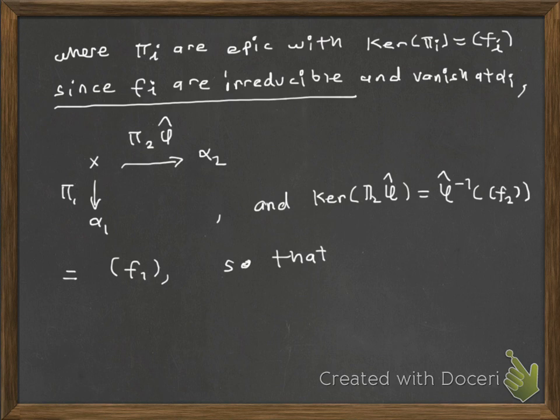Now the role of the irreducibility of fi appears here, where the kernel of the evaluation maps is generated by any irreducible polynomial having alpha i as its root. So this guy generates the kernel of the evaluation map.